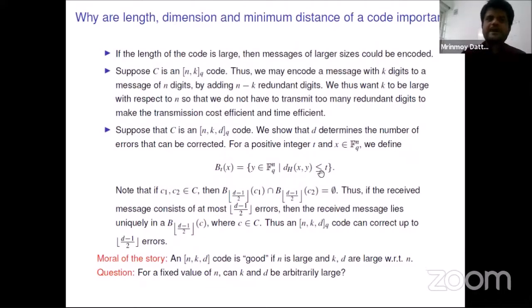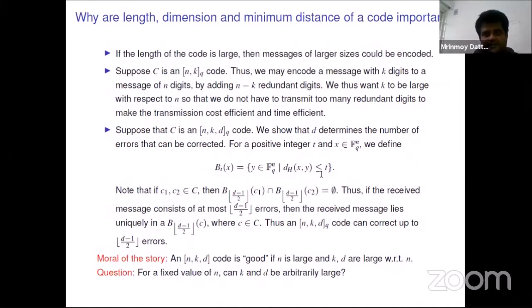But we do not want to add too many redundant digits, because that would make the process time consuming and not cost effective at all. So we want n minus k to be rather small, and equivalently k to be rather large. So n should be large, k should be large.